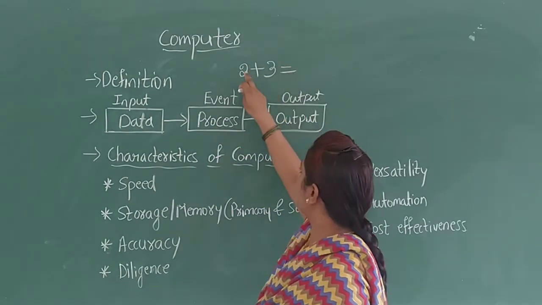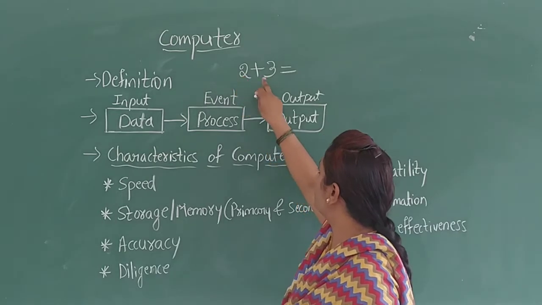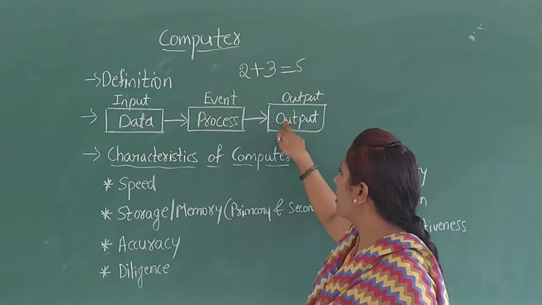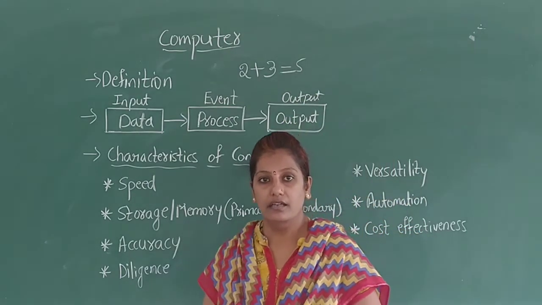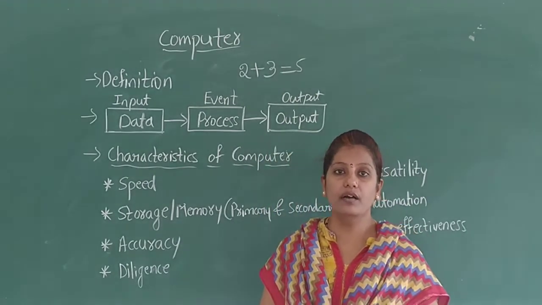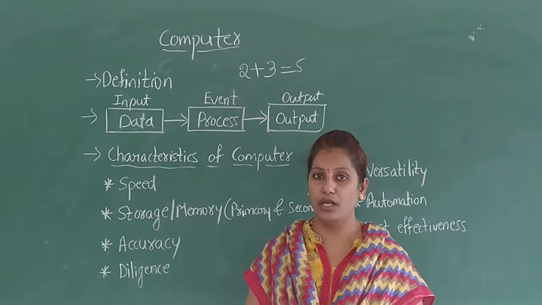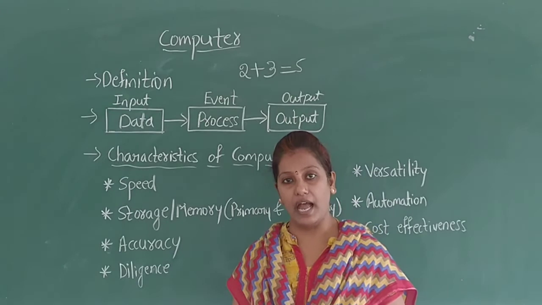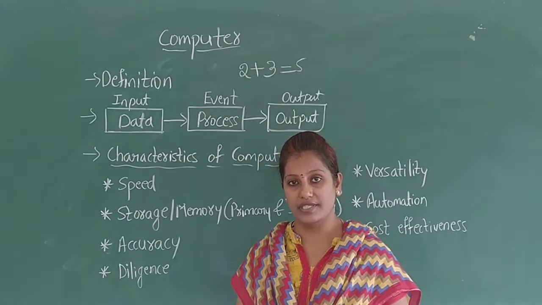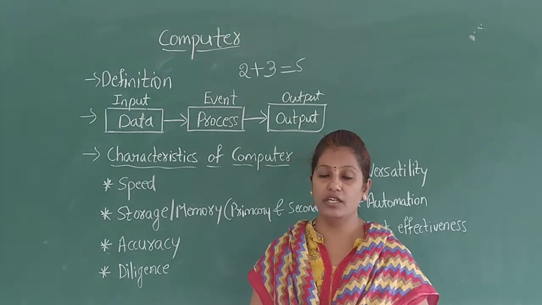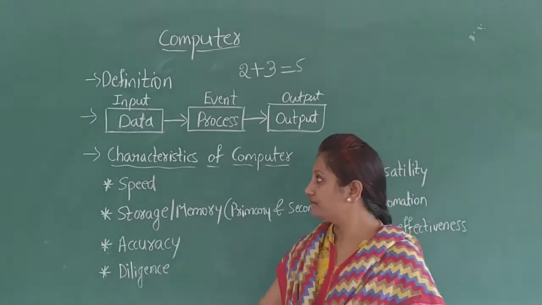Finally, after adding 2 plus 3, it generates the value 5, which is called output. Like this, the computer works with the input data, stores it in the memory location and performs some task, which is called processing, and after processing it generates some information, called output.